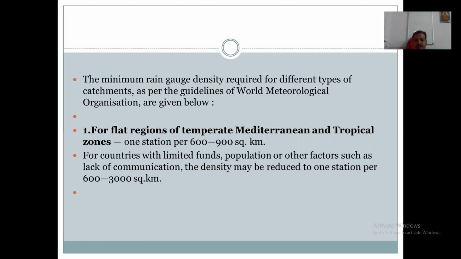If there are limited funds, if the population is less, and if communication facilities are not there, in that case for 600 to 3000 square kilometer area, one station is to be provided.